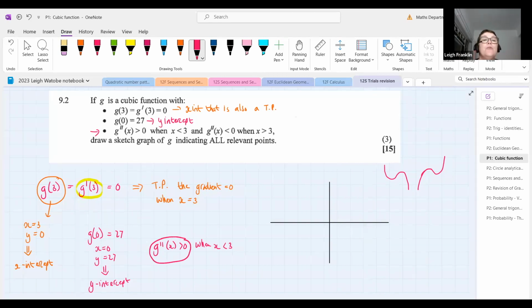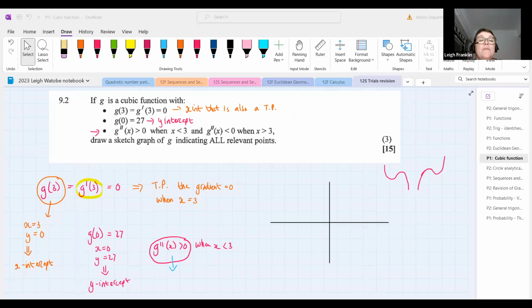Does anybody know? What are they referring to here? G prime x is gradient. What does g double prime x mean? What's positive, Iola? That's it, Jamie. Okay, so your concavity is positive.